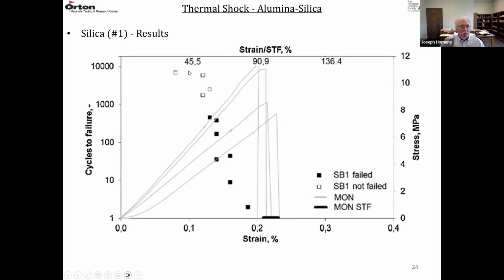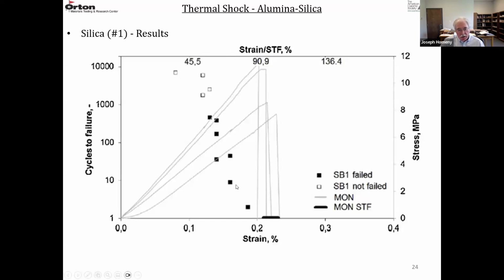So this was about 40, maybe this was 50 percent strain over this total strain to failure. So these were lower loads, lower strains during the cyclic test. And then as we go up in this direction, they were cycling at higher strains.